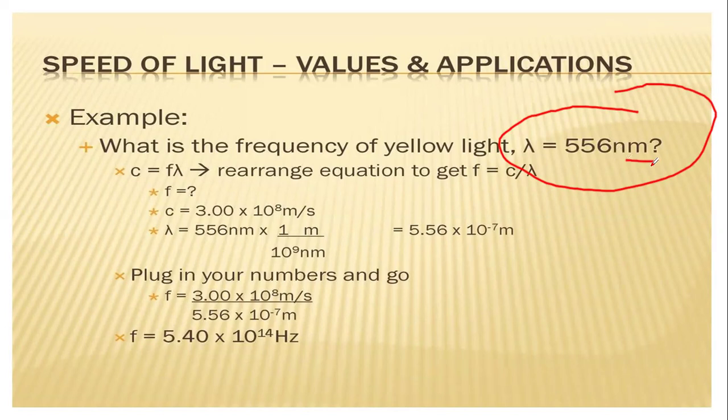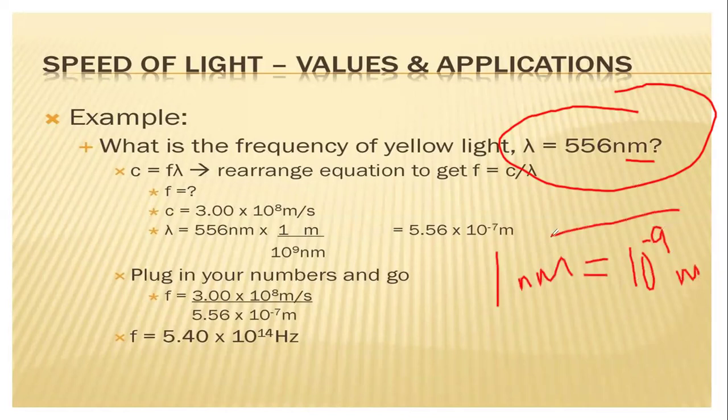The secret is always to convert these units. The nanometers, you convert back to meters. And we know that 1 nanometer is equal to 10 to the power minus 9 meters, right?